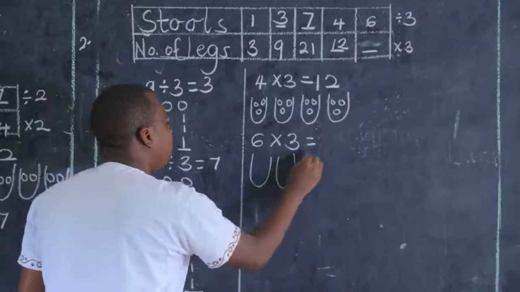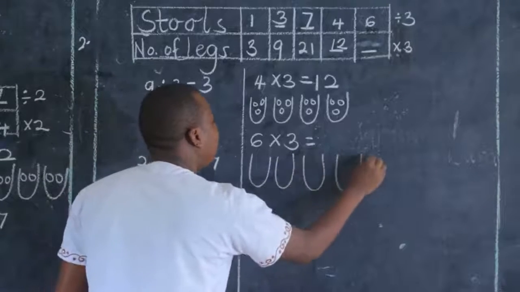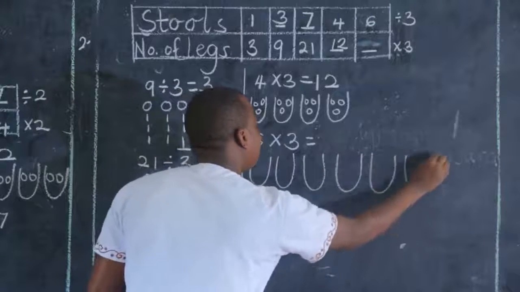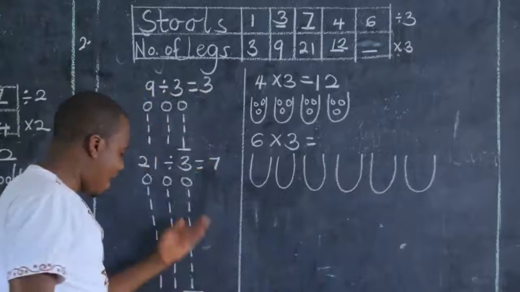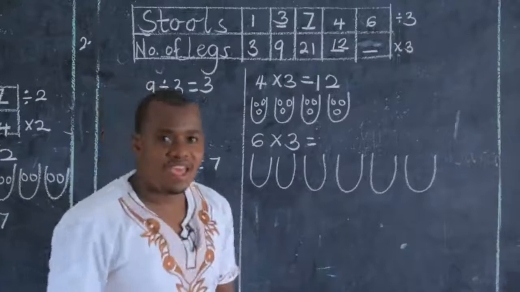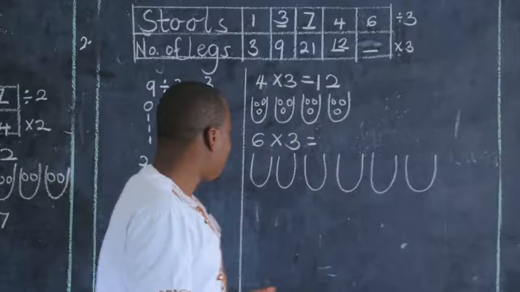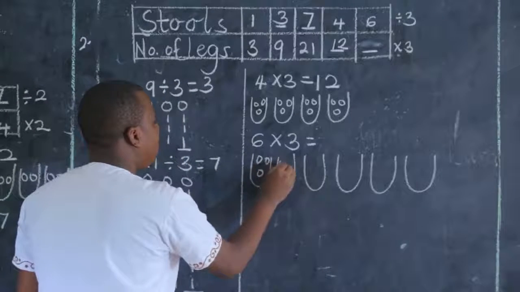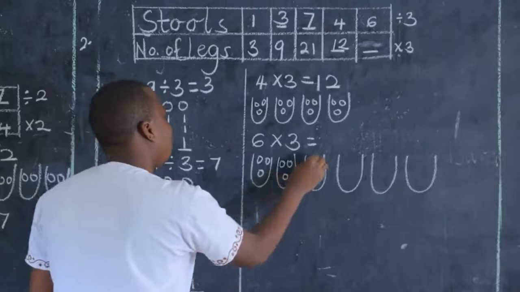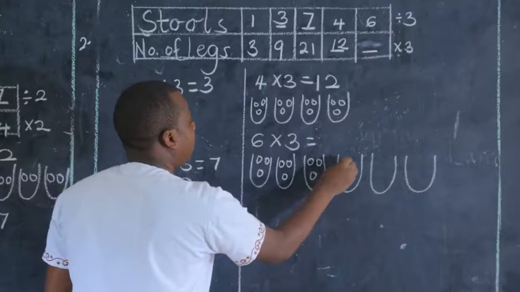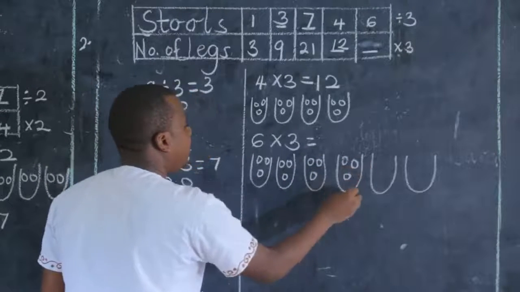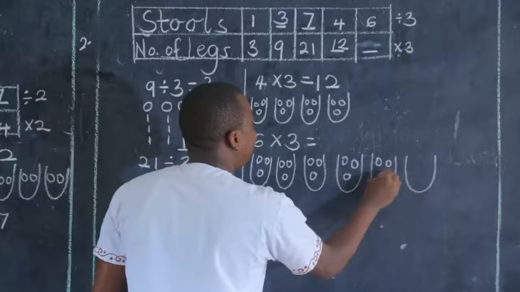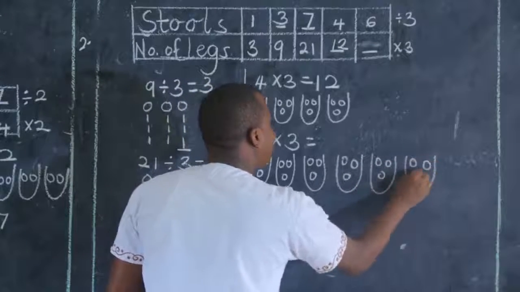1, 2, 3, 4, 5, and 6. Then we put there how many items? 3 items in each group. 1, 2, 3. 1, 2, 3.